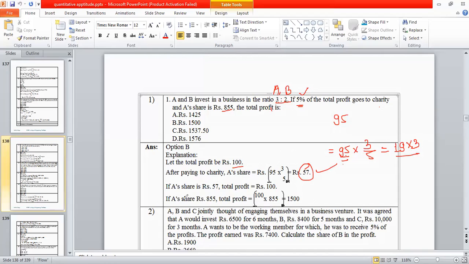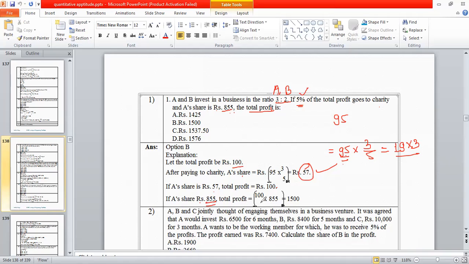Is it okay? Means after paying 5% profit to charity, A's share will be rupees 57 out of 100, where the total profit is 100. And here A's share is given as 855, and we are going to calculate the total profit.